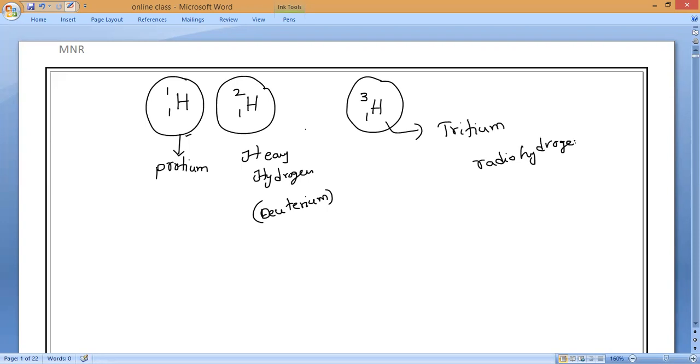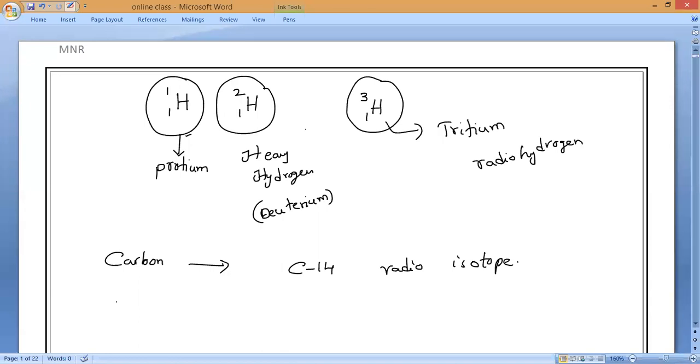Same way, when you are writing the isotopes of carbon, you might remember, carbon 14 is called a radioisotope. So radioisotope we used to say.